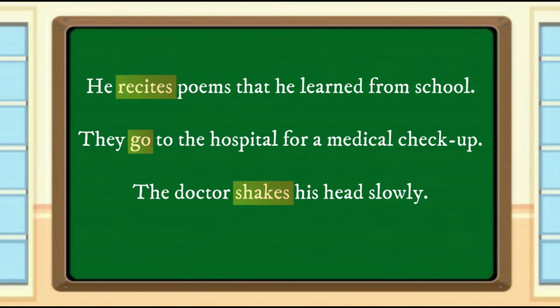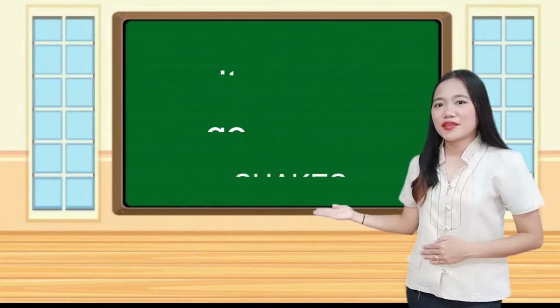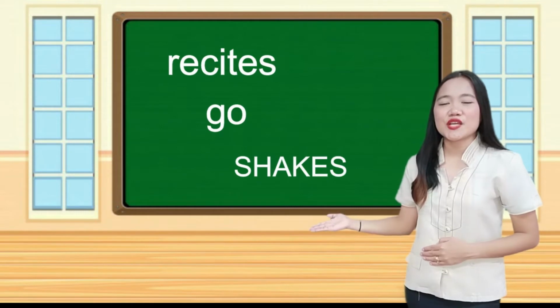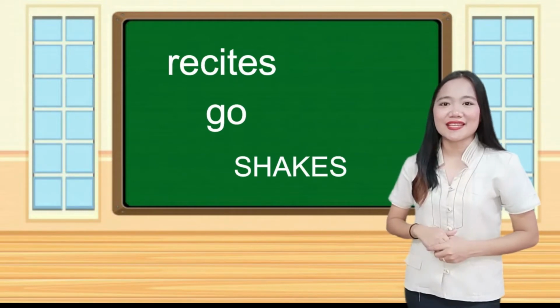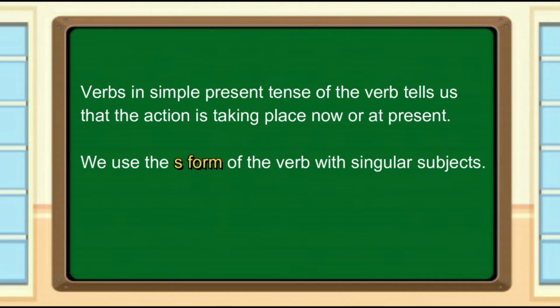The verbs are recites, go, and shakes. These verbs indicate the action that is happening now. Hence, these verbs refer to the simple present tense. Verbs in simple present tense tell us that the action is taking place now or at present.